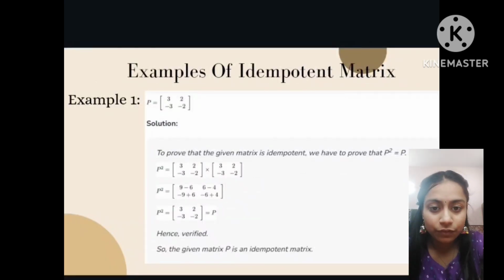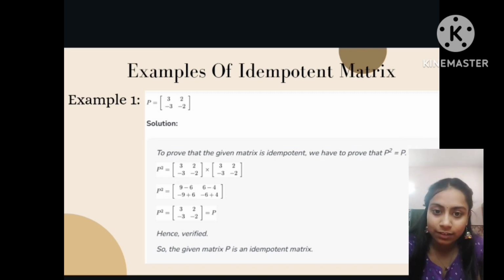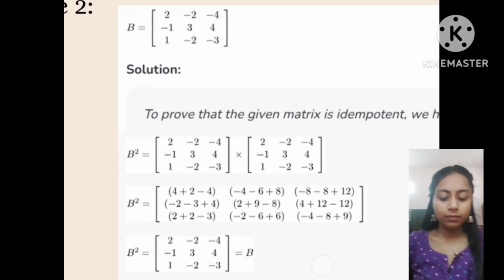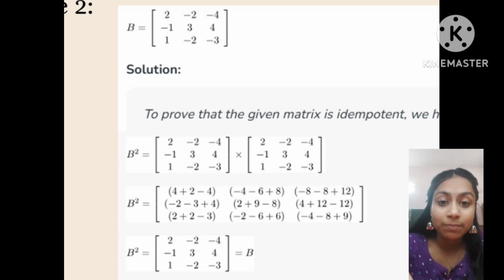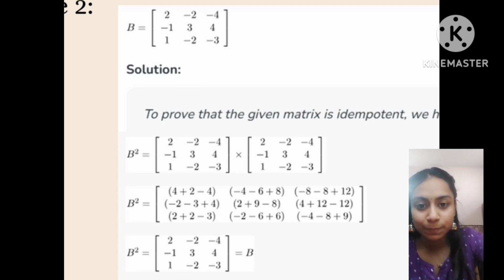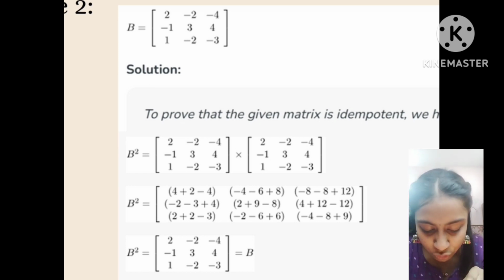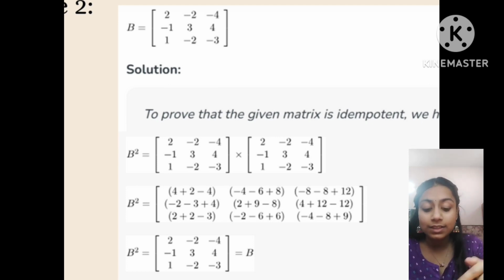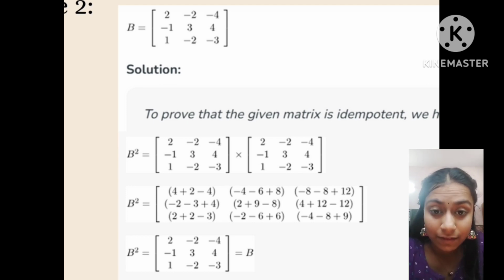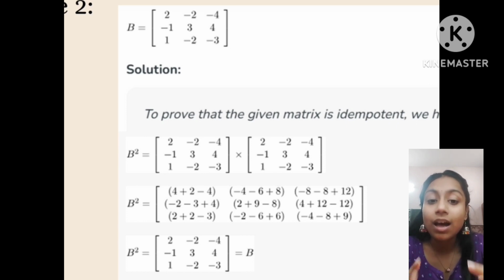Now as we saw in the first example, we will consider the second example of a 3 by 3 matrix to understand clearly. Suppose there is a 3 by 3 matrix B. As we know the condition of an idempotent matrix, we will multiply this matrix by itself, B by B. When we multiply, we get 2, minus 2, minus 4, minus 1, 3, 4, 1, minus 2, minus 3, which is equal to the original matrix, that is B. So hence it is clear that it is an idempotent matrix.